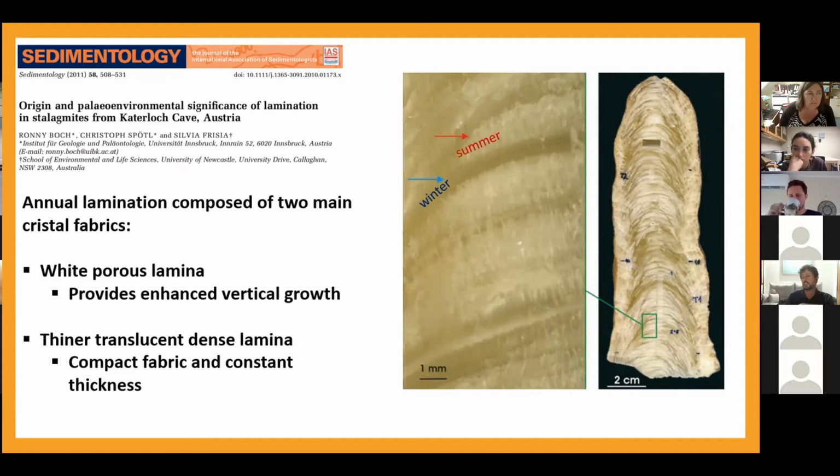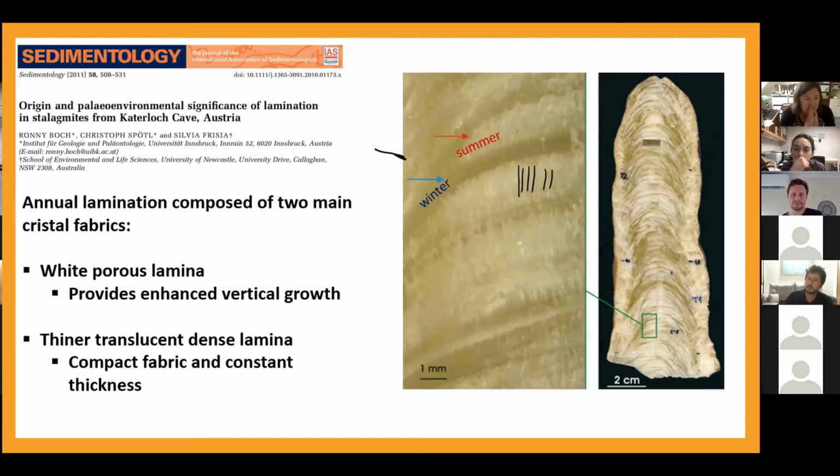Sometimes you do not see the lamination with the naked eye, but you see the variation peaks just in terms of trace elements. But this is an example of petrographic lamination, when the annual lamina occurs because of different crystal fabrics, and we have basically 2 crystal fabrics: a white porous lamina that provides a high vertical growth with columnar calcite, and a thinner translucent dense lamina.